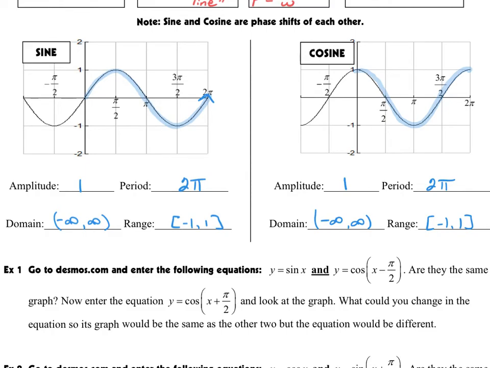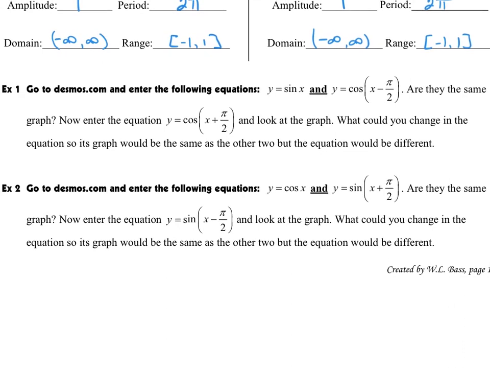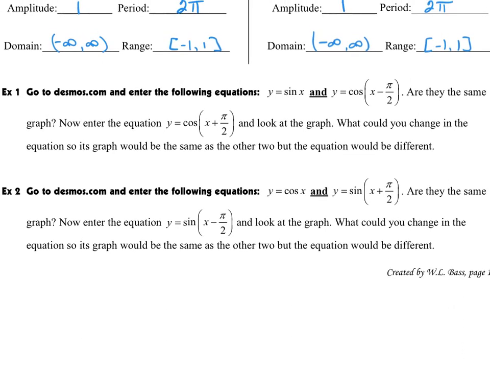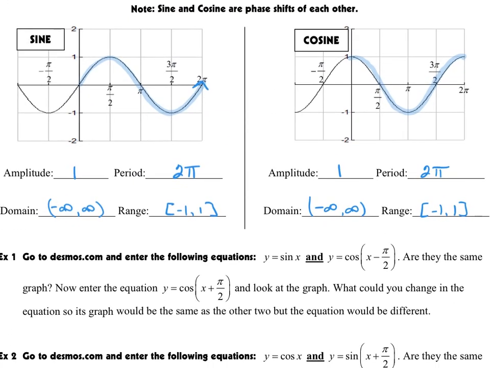Now, down here at the bottom, you're going to make a little speculation, a little conjecture, and then when the video is done, you'll answer the questions at the end, and then you can pop over to Desmos and actually enter it and see if your guesses are correct. Okay, so what I want you to notice about these graphs is that sine and cosine, because they are these same equations, are actually phase shifts of each other.